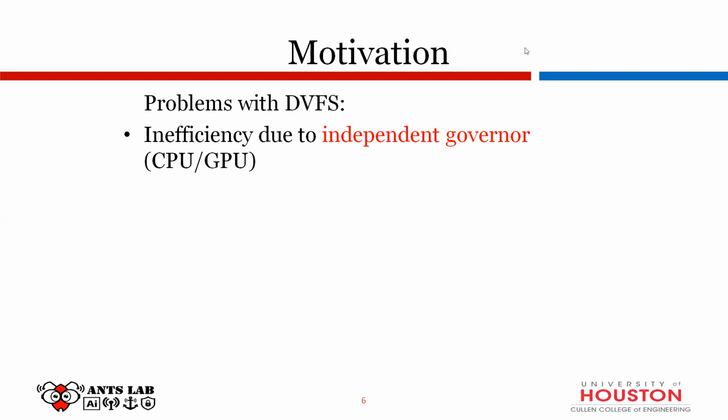It means that the CPU and GPU actually have separate governors to control whether the frequency should be high or low. So if you don't know what the application is doing, you might have some inefficiency because you have too high a CPU frequency, or too high a GPU frequency.